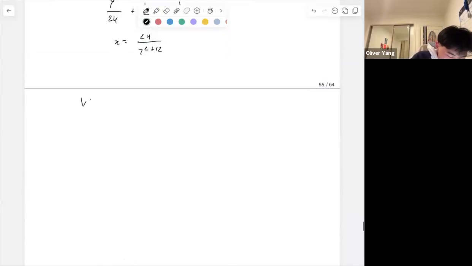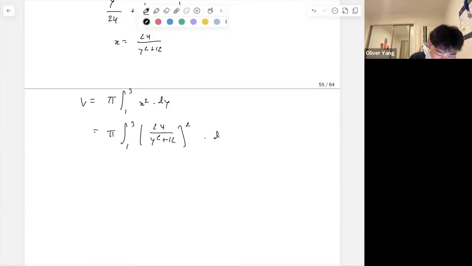So we know that V is equal to pi integral from 1 to 3 of x squared dy, which equals pi integral from 1 to 3 of 24 over y squared plus 12, squared, dy, right? And then we get V equals 576 pi integral from 1 to 3 of 1 over y squared plus 12, squared, dy.